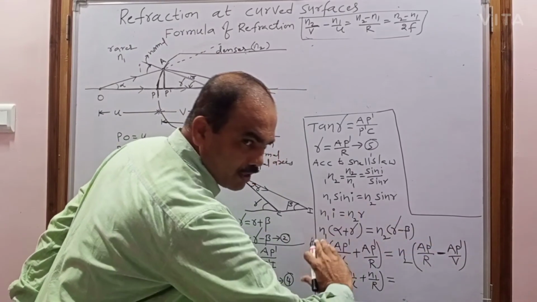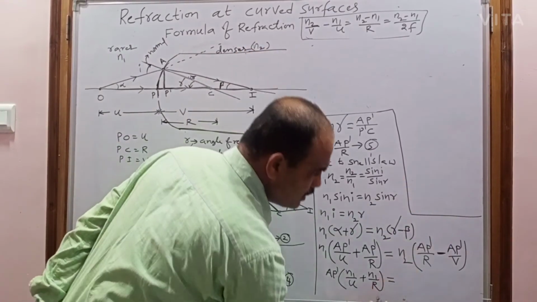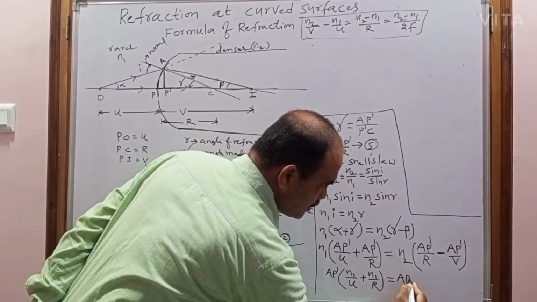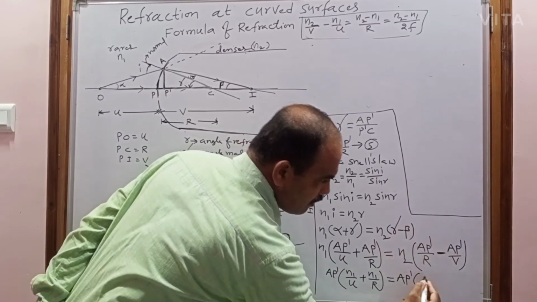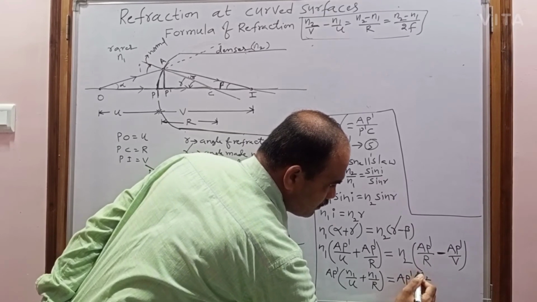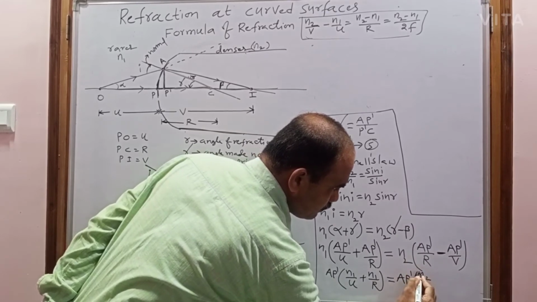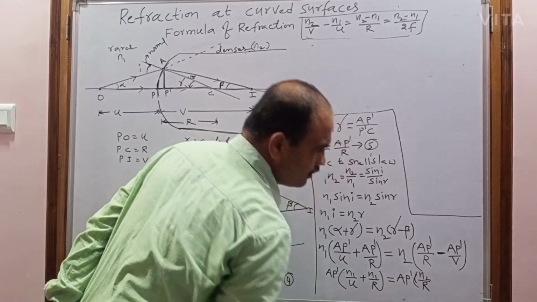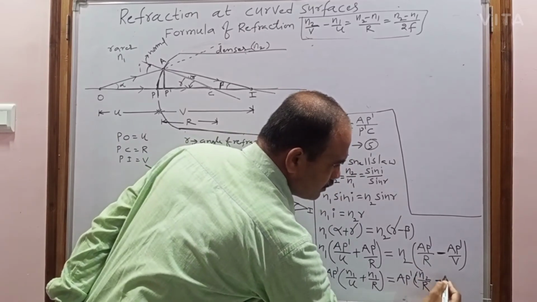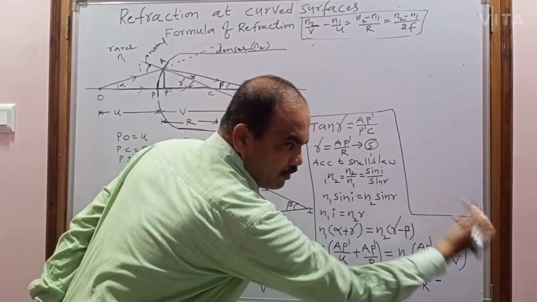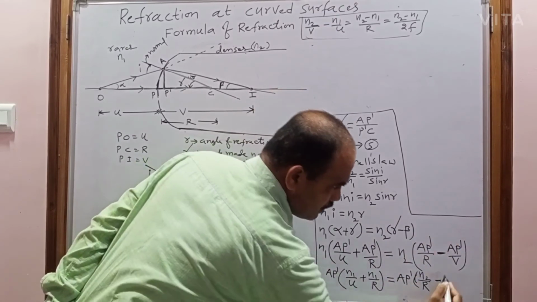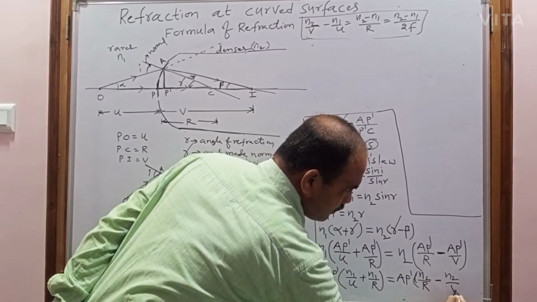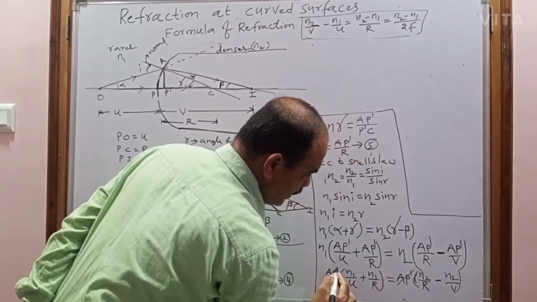In the same way, AP dash taken outside and N2 multiplied inside, what do you get? AP dash of, when AP dash comes outside and N2 goes inside, what happens? N2 by R minus, when AP dash comes outside and N2 goes inside, AP dash will be replaced by N2 by V. So this AP dash will be cancelled.